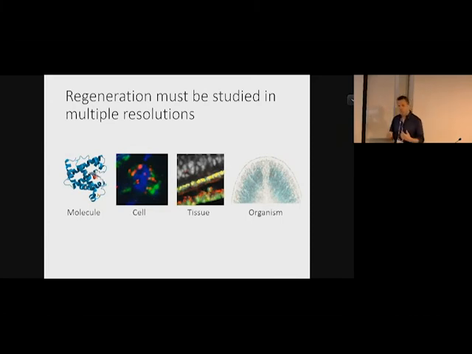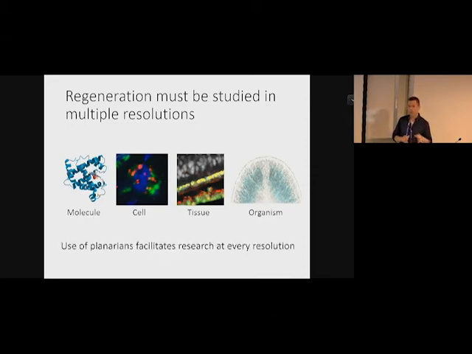And the advantage of actually using a simple model organism that is amenable to different lab techniques is that we can study this process in multiple resolutions. If we think about regeneration not as just some kind of a therapeutic goal or endpoint, it is a process that is similarly complicated to embryonic development, and as such it has to be studied at multiple resolutions, from the molecule all the way to the complexity of the organism.